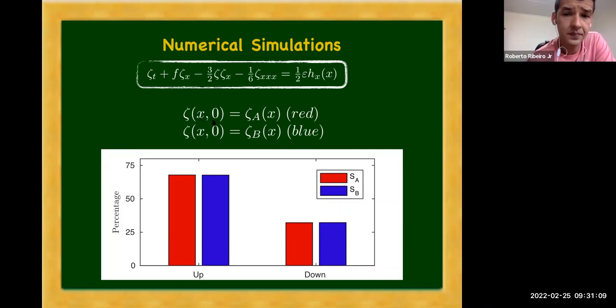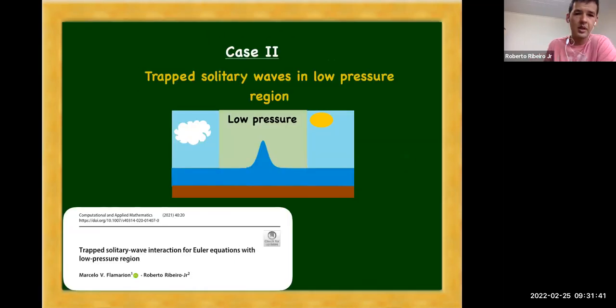If we consider as initial data just Zeta A and just Zeta B, and take A and B in those sets that I mentioned before, and compute the percentage of the waves that escape upstream or downstream, we see that the chance of a wave escaping upstream is much higher than escaping downstream. So this is somehow not natural.